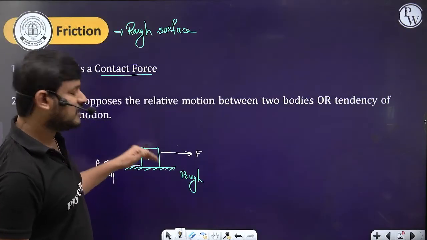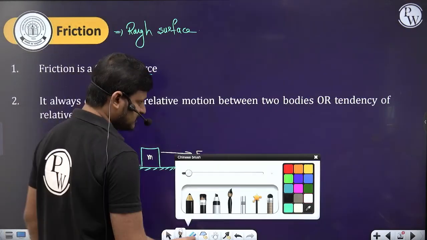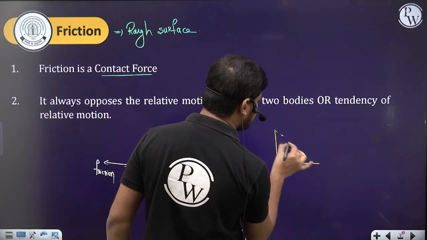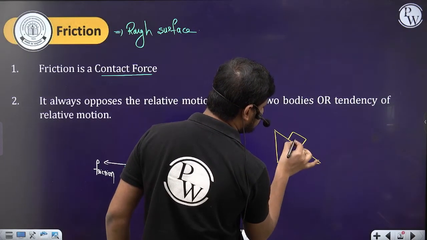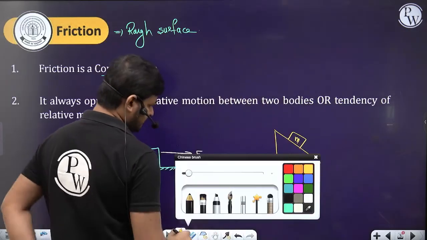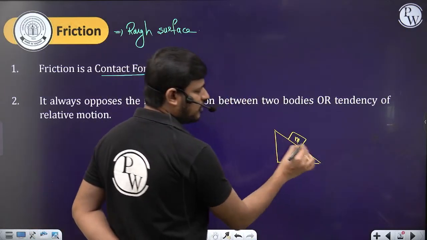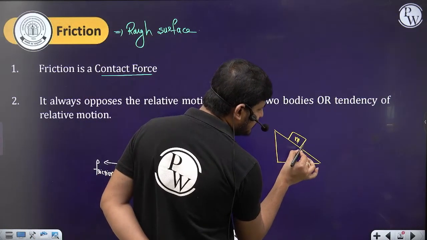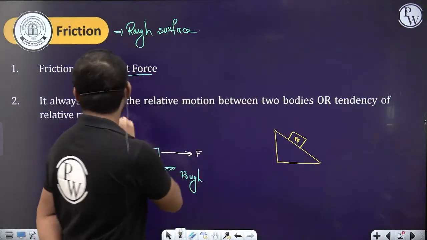Here the body is actually moving. Or else, consider an object placed on an inclined plane. Now this object is not actually moving, but it's tending to move, so there is a tendency of relative motion.